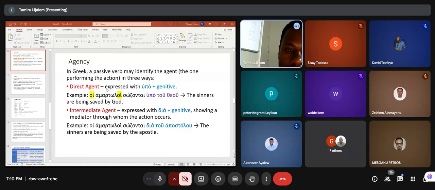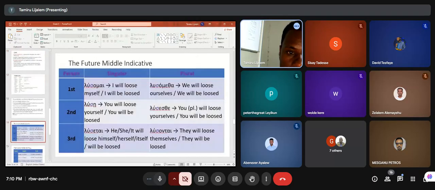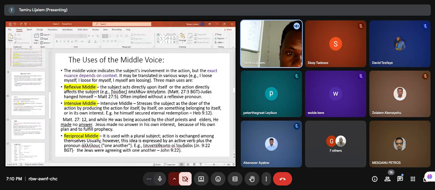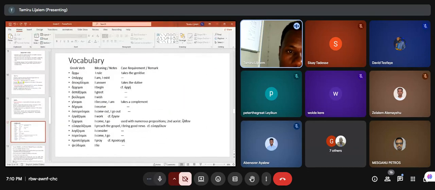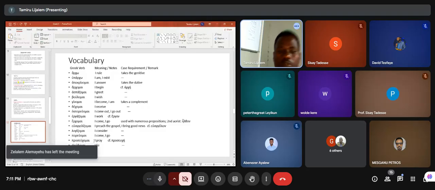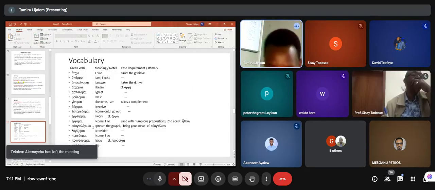These are the arkomai, apokrinomai, arkomai, aspazomai, boulomai, ginomai, logizomai, proserchomai, proseuchomai, pseudomai.